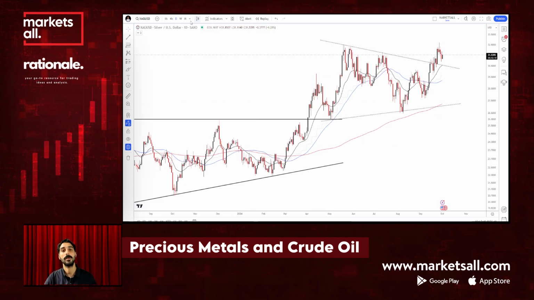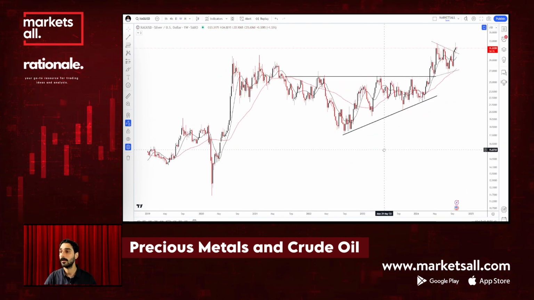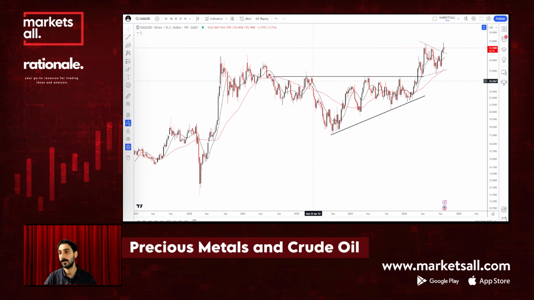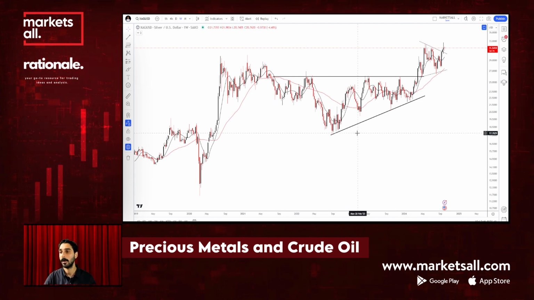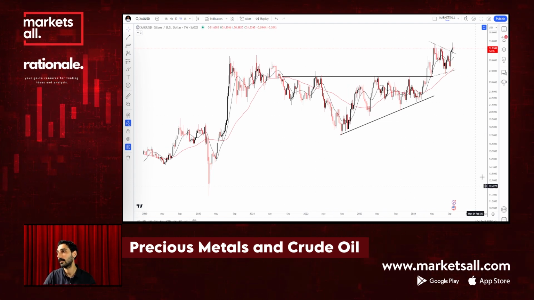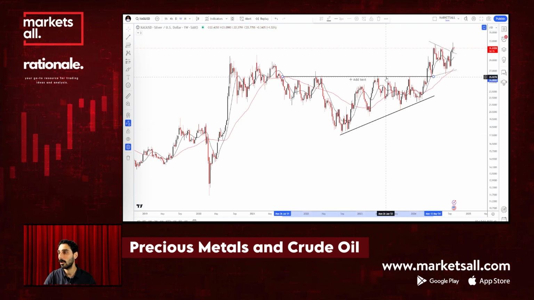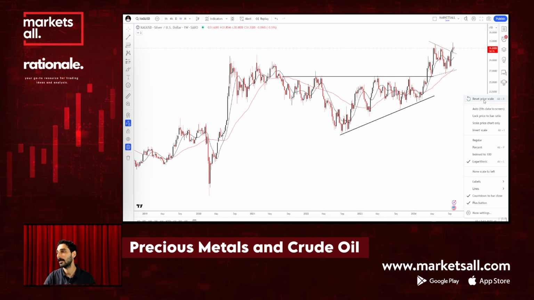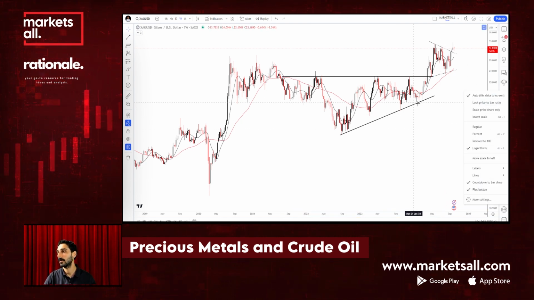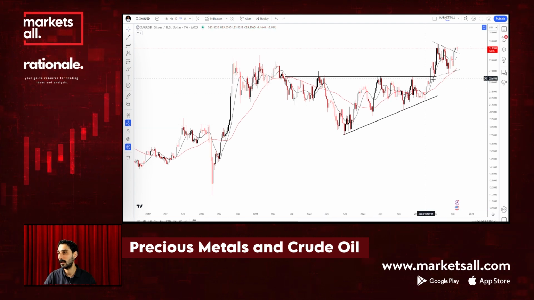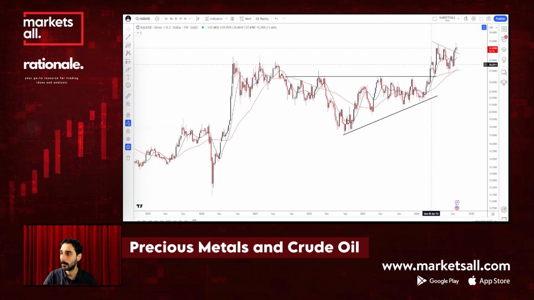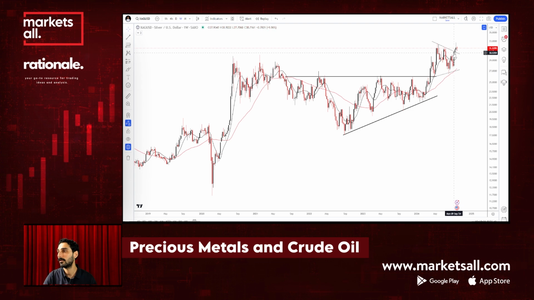And here, silver in the weekly chart pattern, you can call this a head and shoulders bottom maybe, or also an ascending triangle, it doesn't matter, but at least you know that this $26 level is a crucial and really important resistance. After the breakout, it pulled back and moved here.